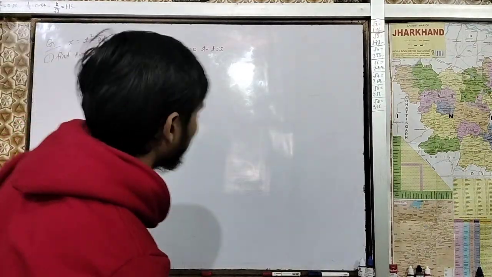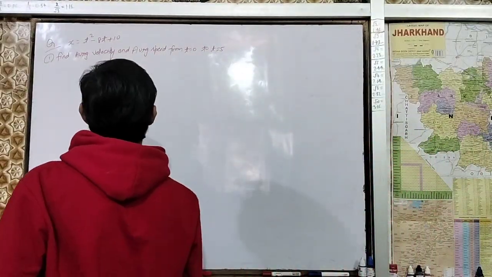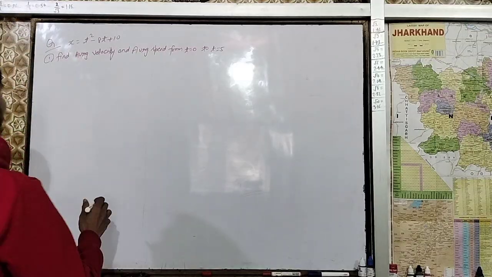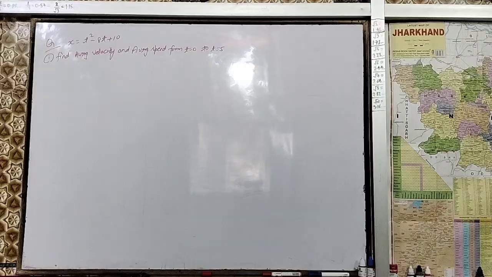Find average velocity and average speed from t equal to 0 till t equal to 5. There is a twist. When it comes to average speed, there would be a twist for it.